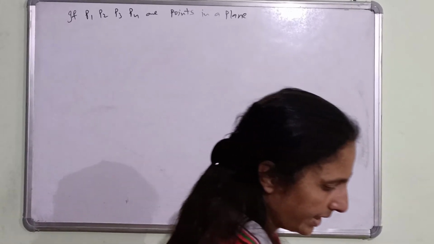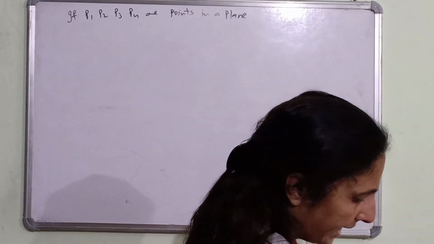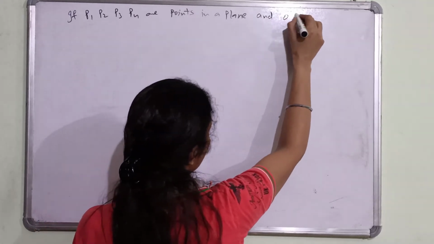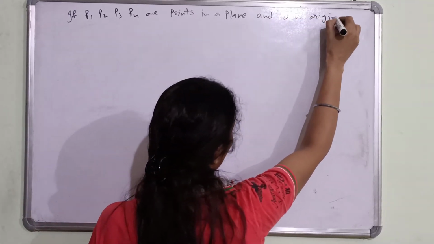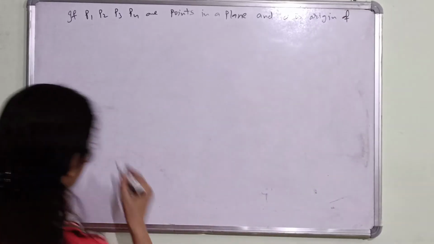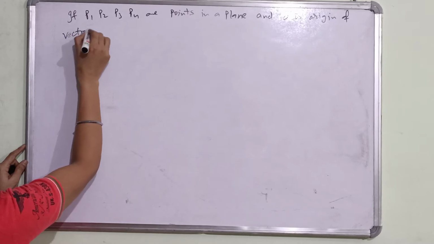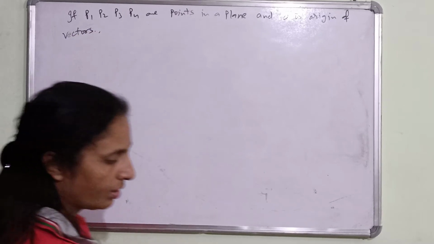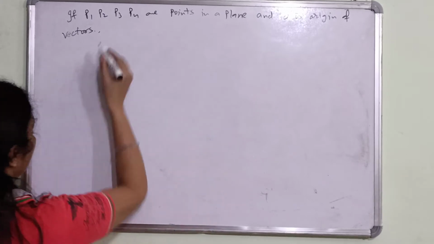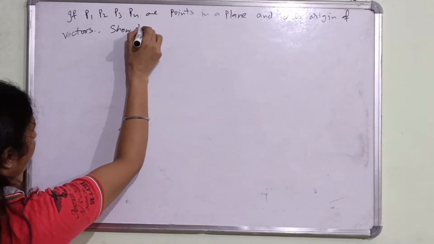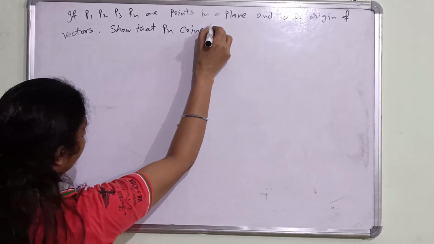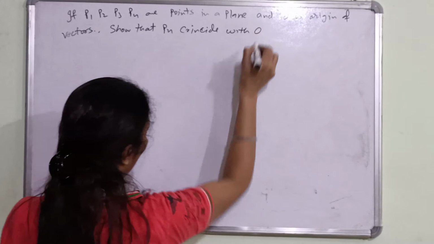Are points in a plane, and O is the origin of vectors, show that P4 coincides with O.